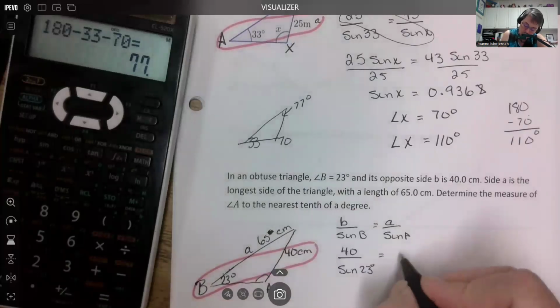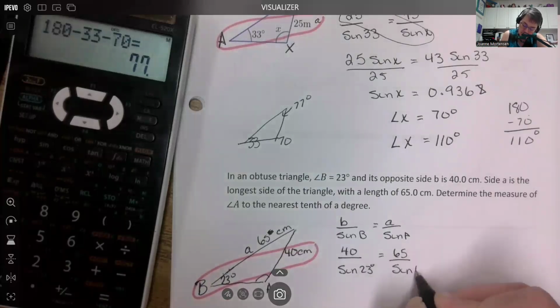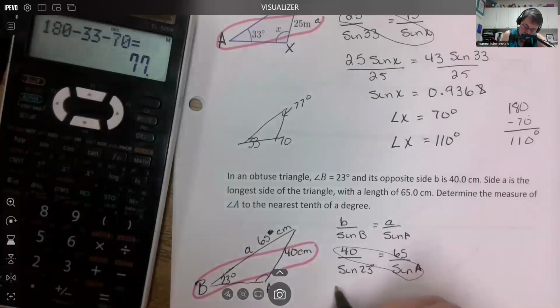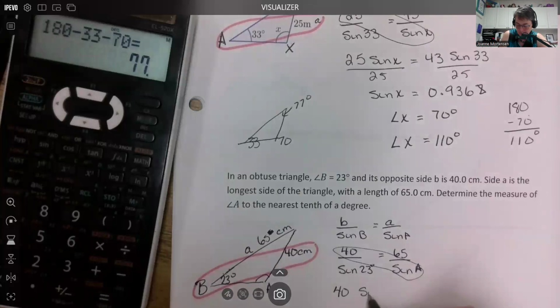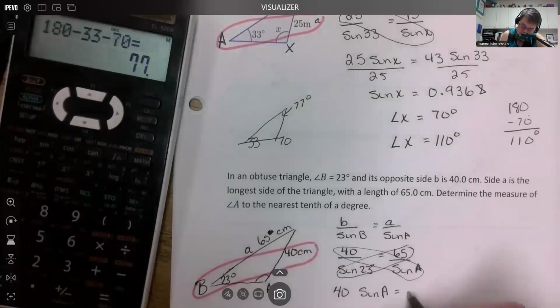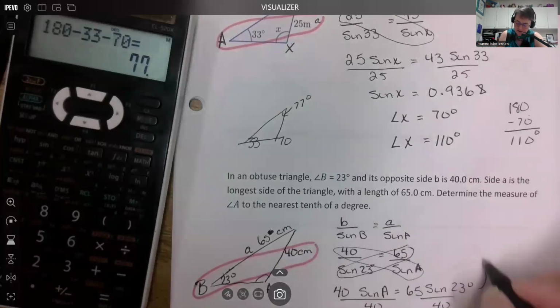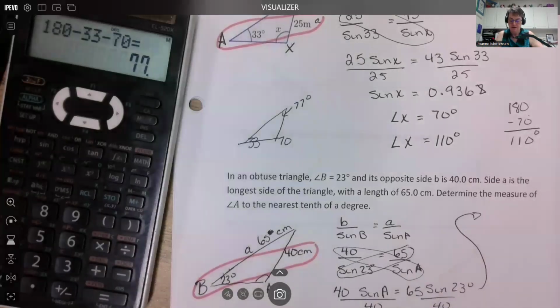My bad. 65 over sine A. Cross multiply. 40 sine A is equal to 65 sine 23 degrees. Divided by 40.